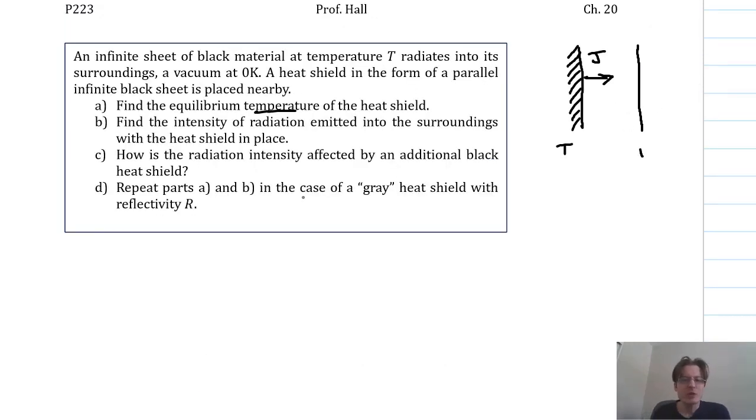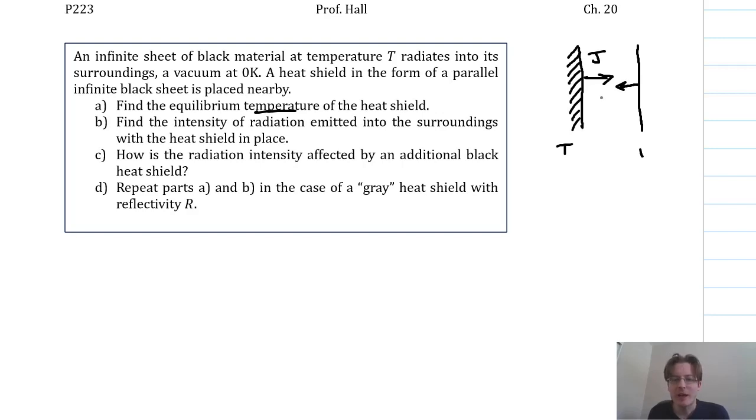Now, what if the heat shield is partially reflective? What we call a gray body, partially reflective. Then the star is still emitting its energy flux, but now the shield is going to reflect some fraction of it back.